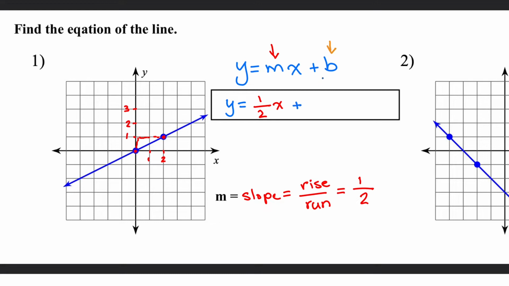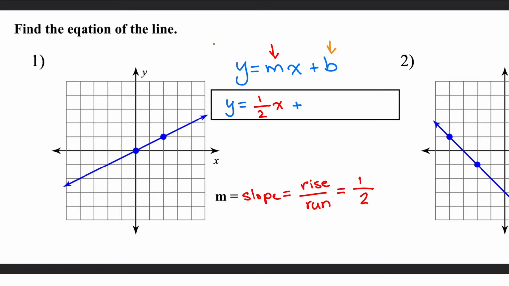Plus, now what's our b? So our b is going to be the y-coordinate that this line passes through. So if we erase this, what's the y-coordinate this line passes through?